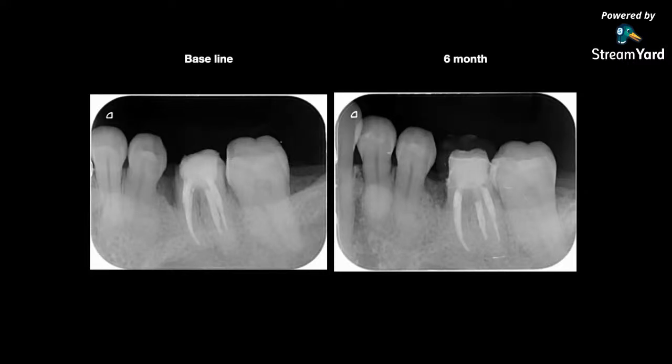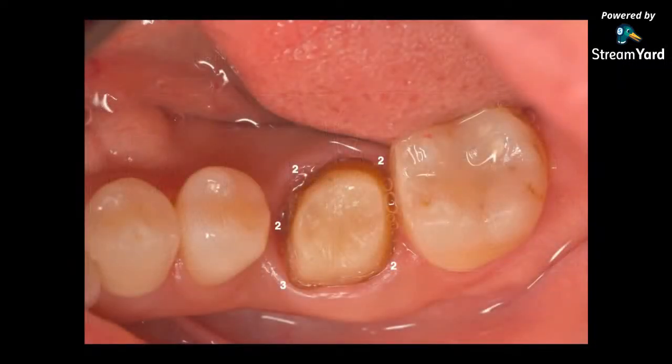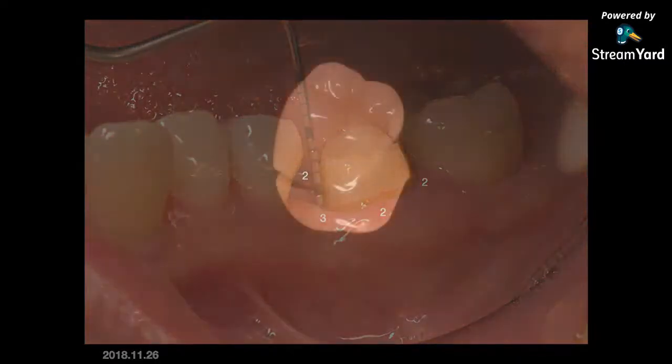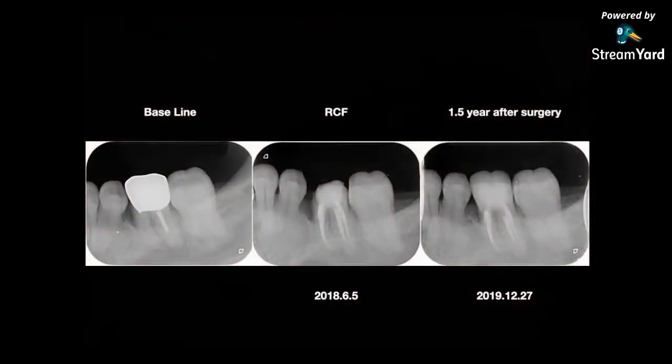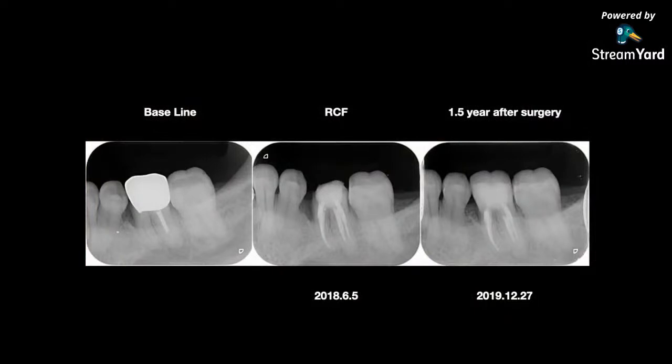So wait for a long time. But the pocket is almost 2 millimeters. And this is the final clinical image, 1.5 years after surgery. This is very stable now.